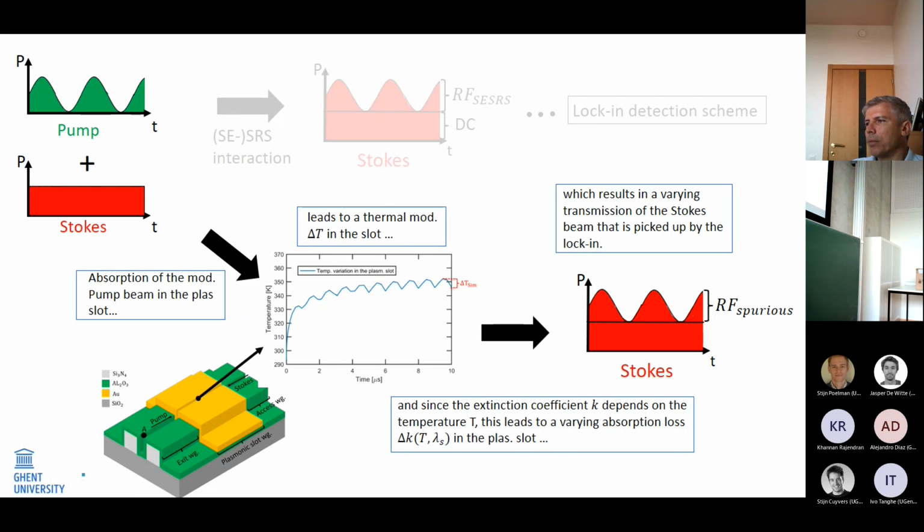And since we know that the extinction coefficient of gold depends on the temperature, this also leads to radiation and absorption loss felt by the Stokes laser propagating through it when the pump light is on versus off. And in the end, if the absorption loss changes, we'll also have changing transmission of the Stokes laser. And you again have this modulated increase of the Stokes laser, but in this case, it's a spurious effect, which is 2 orders of magnitude bigger than the one due to SE-SRS.